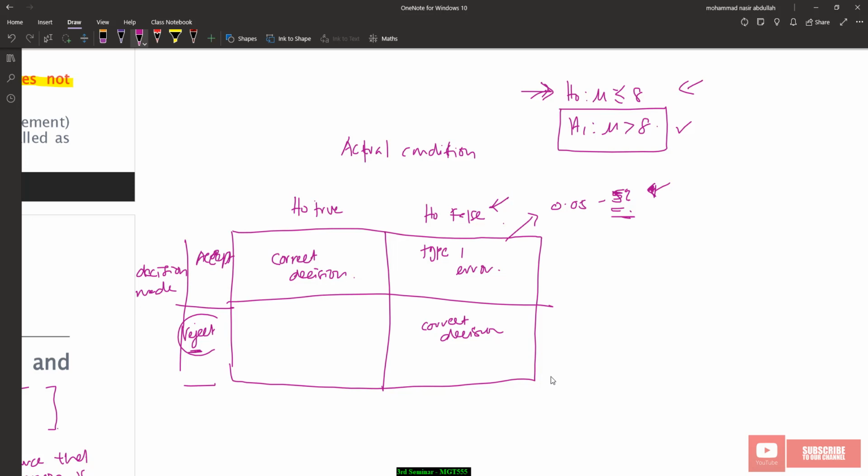So another condition, when kita reject null hypothesis, maksudnya kita kata null hypothesis tak betul, tapi sebenarnya dalam actual condition null hypothesis ni betul, right? So we are making type 2 error. The symbol for type 1 error is alpha, type 2 error symbol is beta. Right?